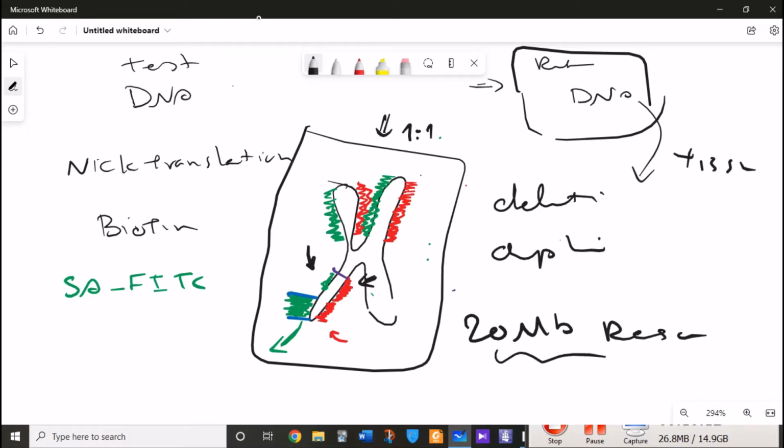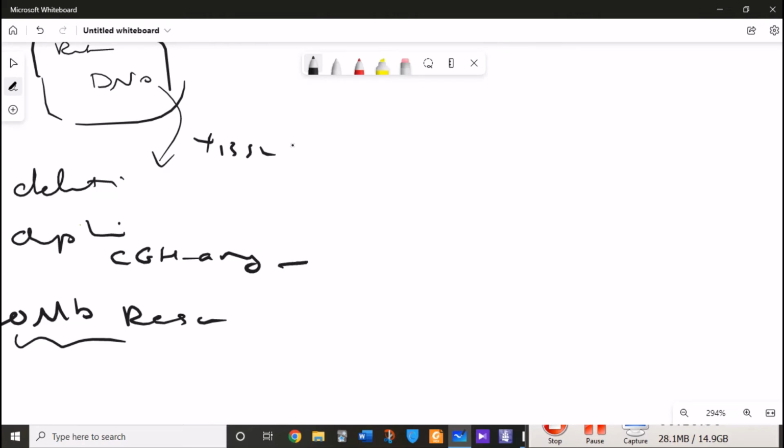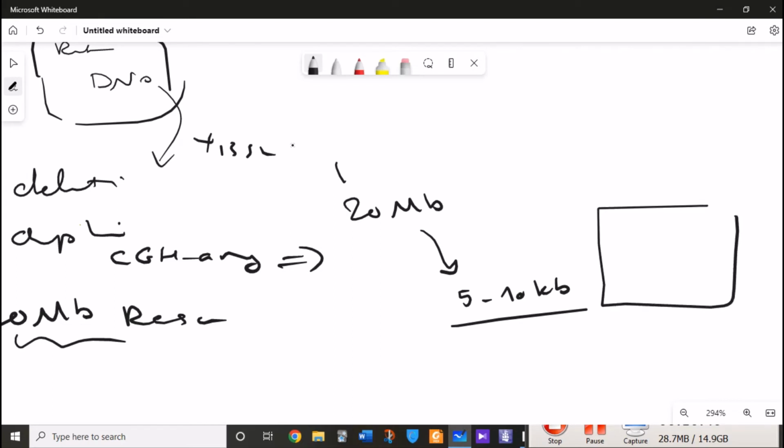That is not a good resolution, but it's very useful in many cases, especially before the invention of array CGH, which in the same manner could increase the resolution, for example, from 20 megabases to maybe 5 or 10 kilobases, according to the probe size that is designed on the array.